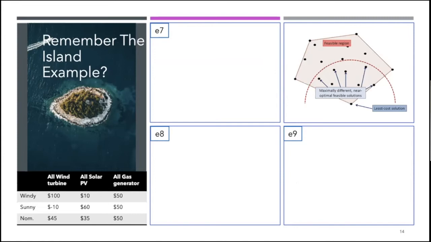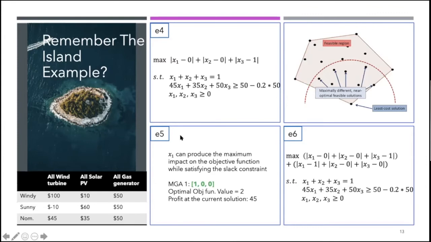Okay, so I want to again give you a minute to formulate the hop, skip, jump formulation for our two solutions. So we have a least cost solution, which is 0, 0, 1, and we have the first MGA solution, which is 1, 0, 0.